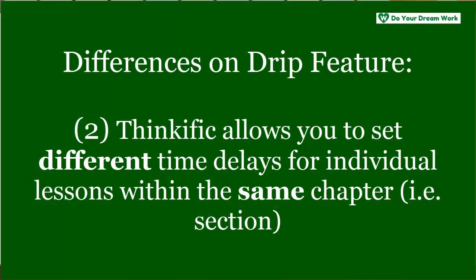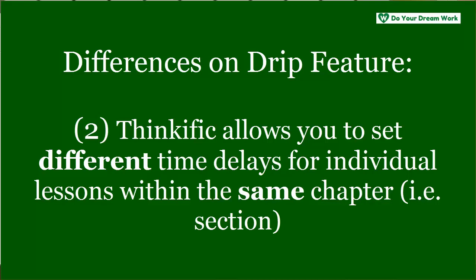Now, the second difference is that Thinkific offers you finer granularity when it comes to drip scheduling. What I mean by that is that Thinkific allows you to set a different time delay for each lesson, even if these are lessons within the same chapter. Now, what Thinkific calls chapters, Podia calls sections.